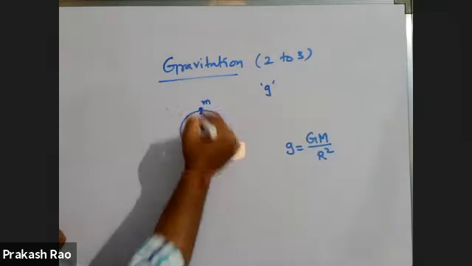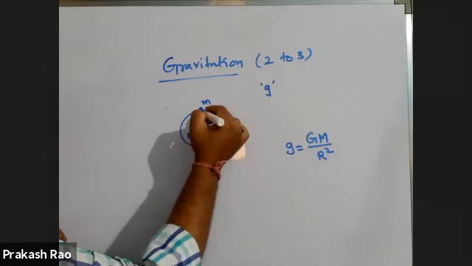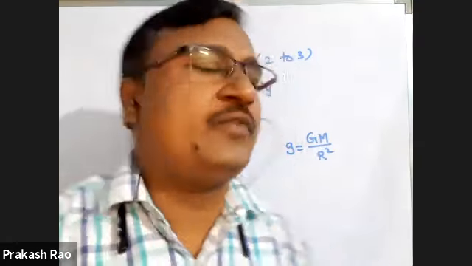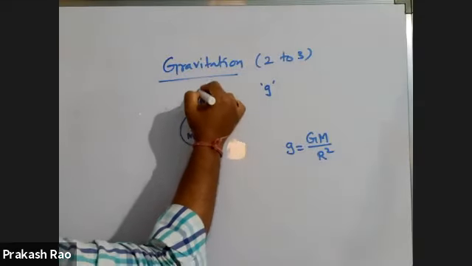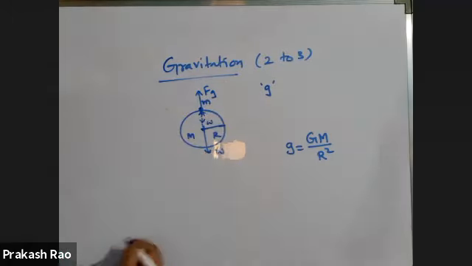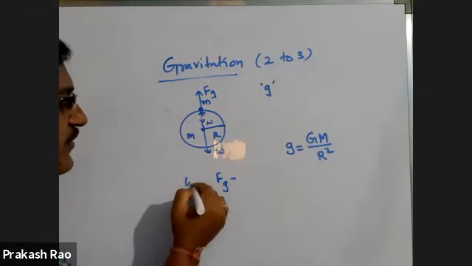The weight of the body always acts towards the center of the earth, and gravitational force, you know that it is a pure attractive force. The gravitational force acts upwards in this direction. In this direction, towards the center of the earth, weight acts. In equilibrium position, gravitational force and weight are equal.